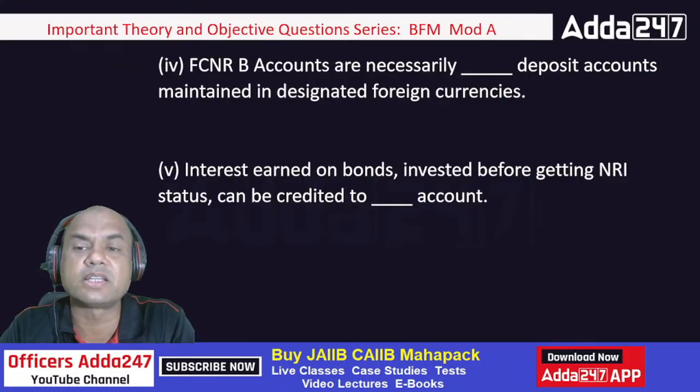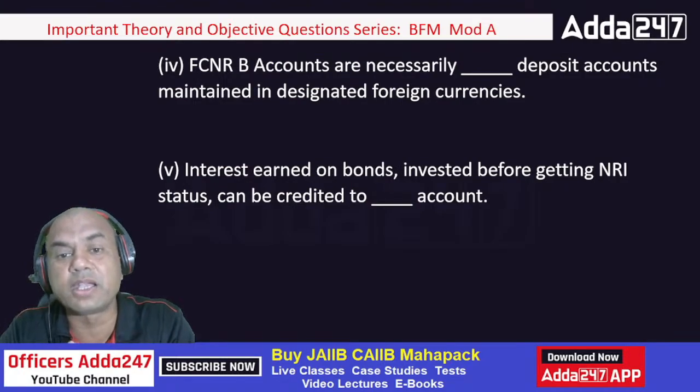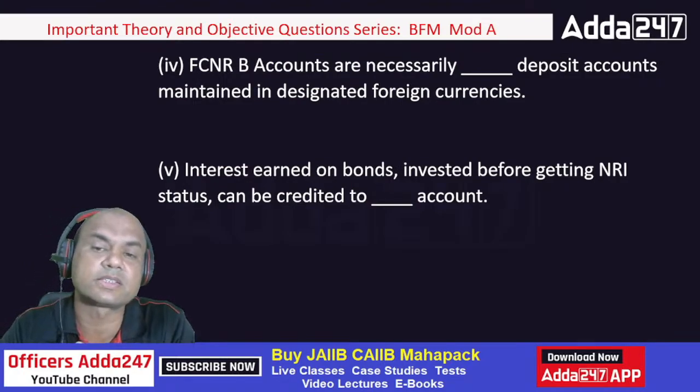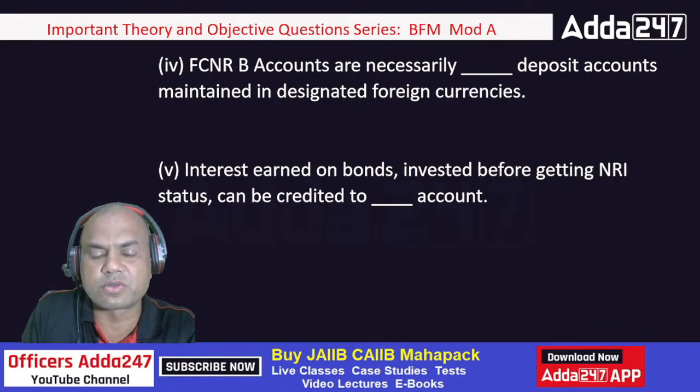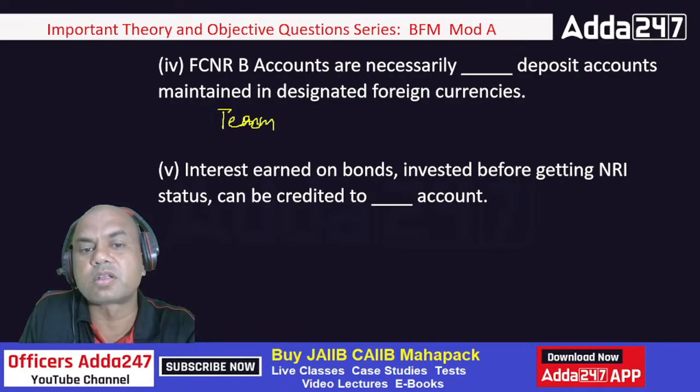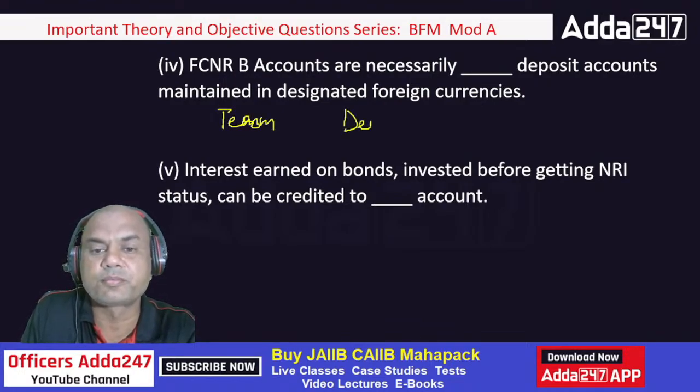FCNR-B accounts are necessarily dash deposits maintained in the designated foreign currencies. Term or demand, only two options.